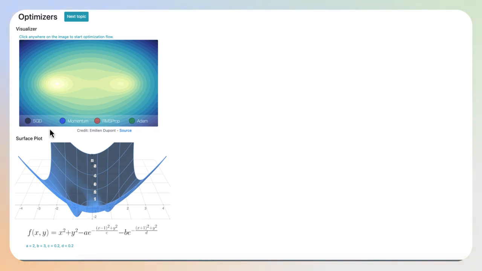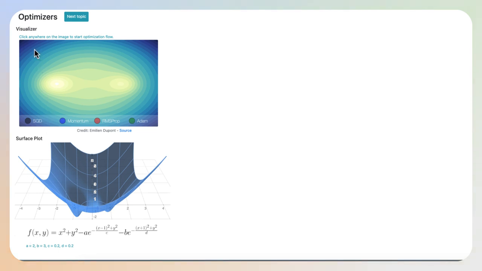SGD and SGD with momentum may converge more frequently to the incorrect or local minima, the one here on the right, while RMSProp and ADAM will more frequently converge to the correct or global minima, the one here on the left. We expect to see that for this particular cost function, ADAM is one of the best optimizer algorithms because it converges to the global minimum from the most initial points, and it's faster.